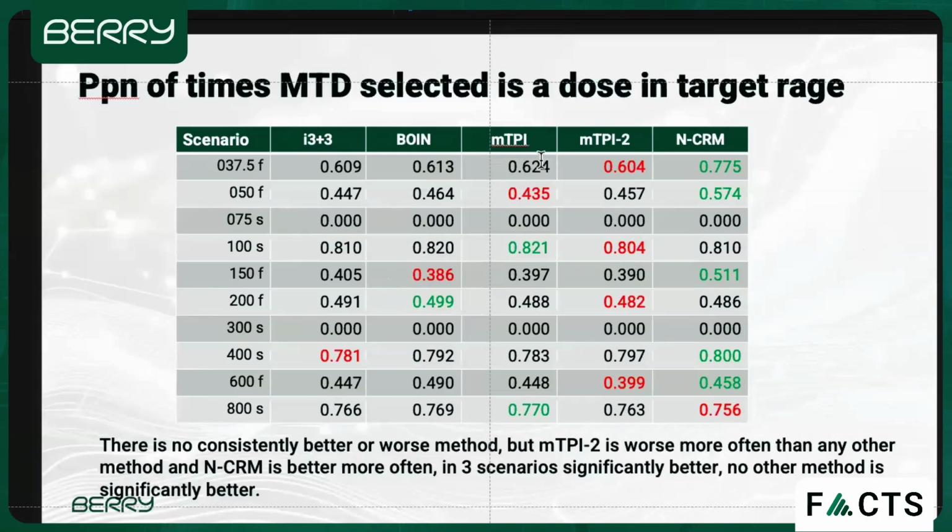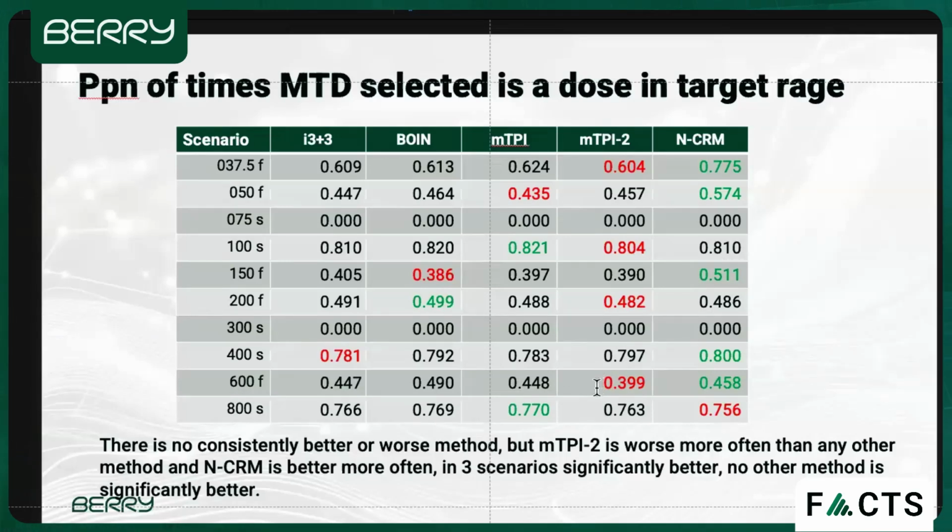And also, there isn't a clear worst. Almost every model is the worst on at least one scenario. Interestingly, MTPI2 is worse more often than the others in terms of selecting the MTD, sometimes not by much, but on this one though, it's quite a bit worse than any of the others.